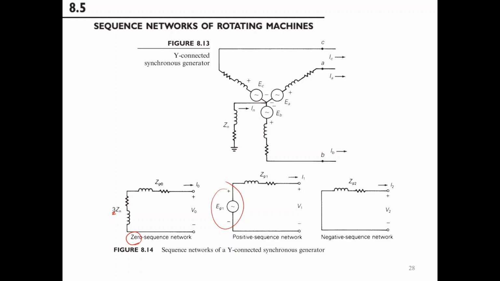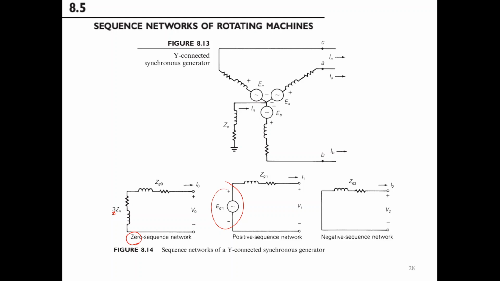Three times, because you can interpret it this way: there is a path, and the current will flow because the In here is a sum of Ia plus Ib plus Ic. So the neutral current will depend upon Ia, Ib, and Ic. So the current induced in the Cn would be three times, because of the current Ia plus Ib plus Ic. That's where the three comes from.